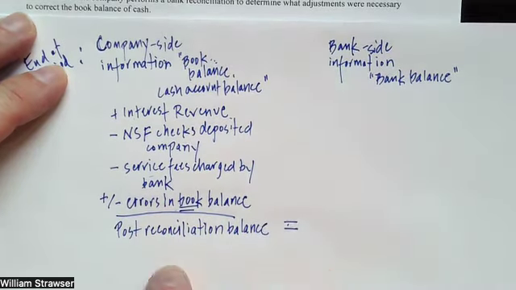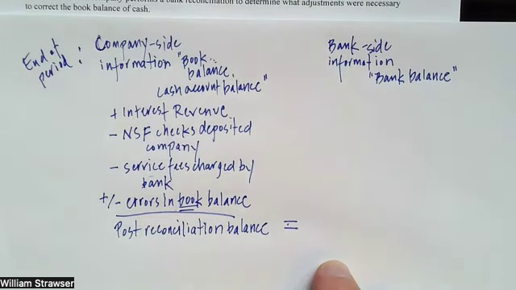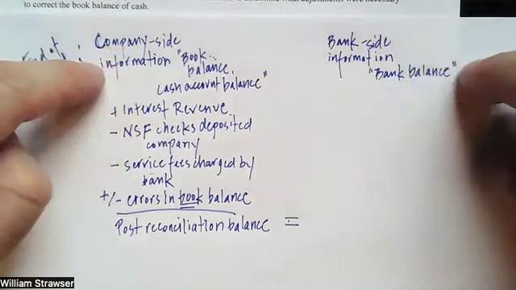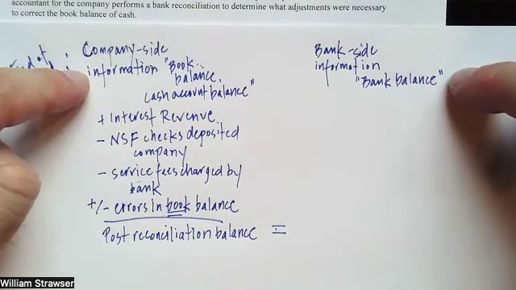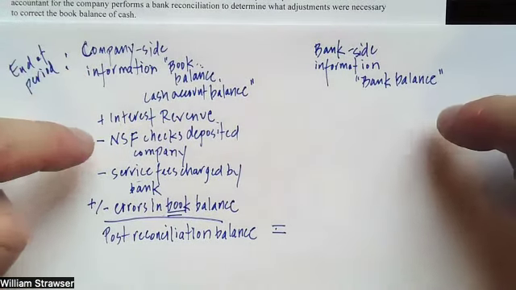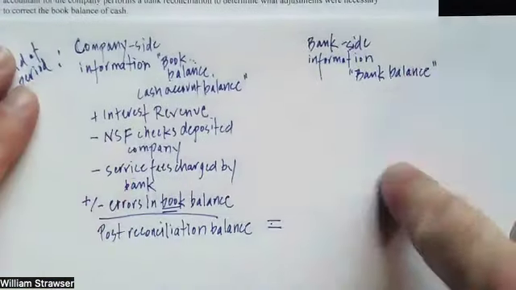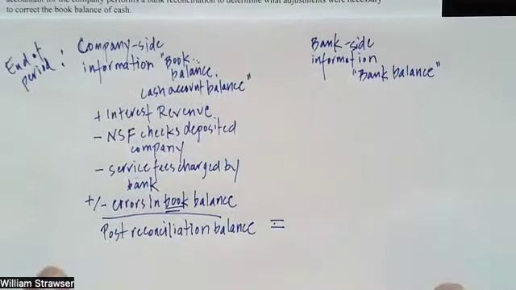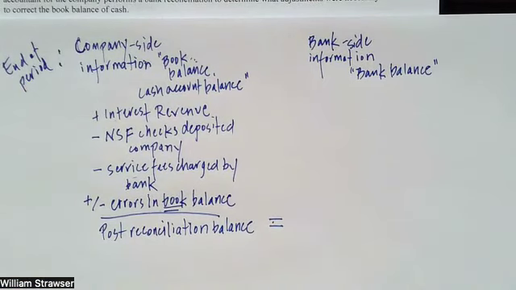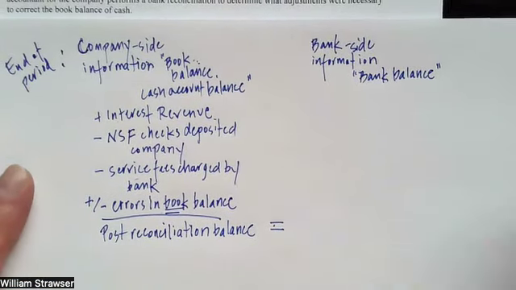So the whole point of the reconciliation is we're taking two balances that are not identical, adjusting for what each of the other balances knows, and then we're coming up with a complete set of information where we should have identical amounts.